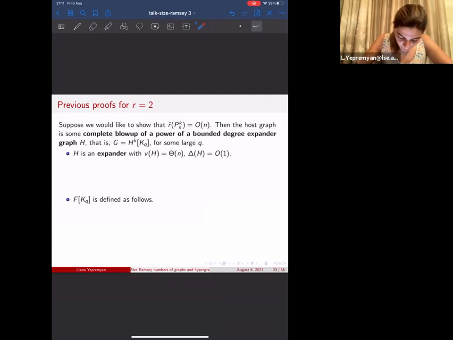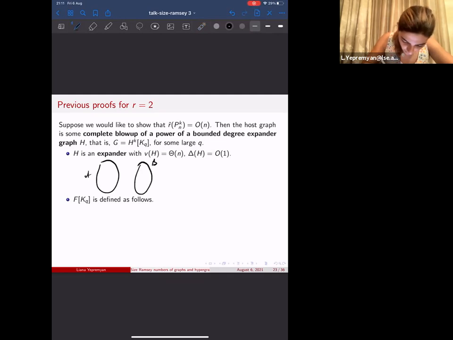I will say that it's an expander if for any two sets A and B in H, such that the size of A and the size of B is linear in terms of the number of vertices of H, there's always an edge that goes from A to B. This is what I mean by H being an expander.